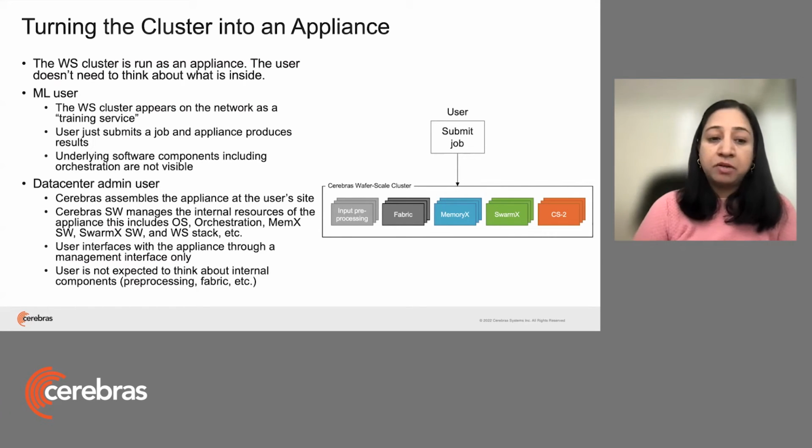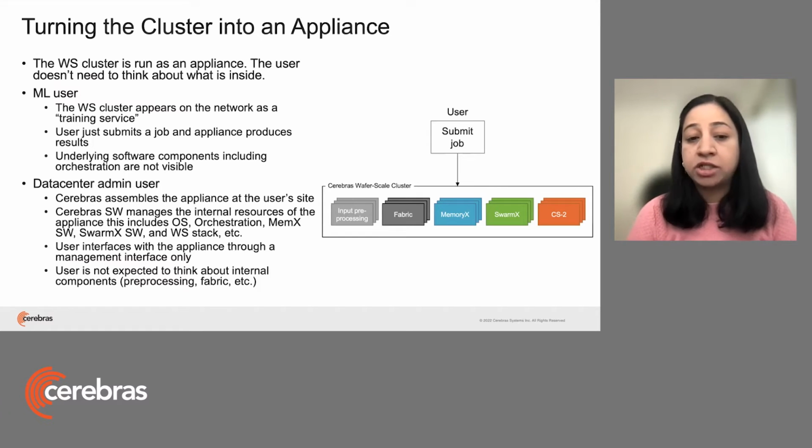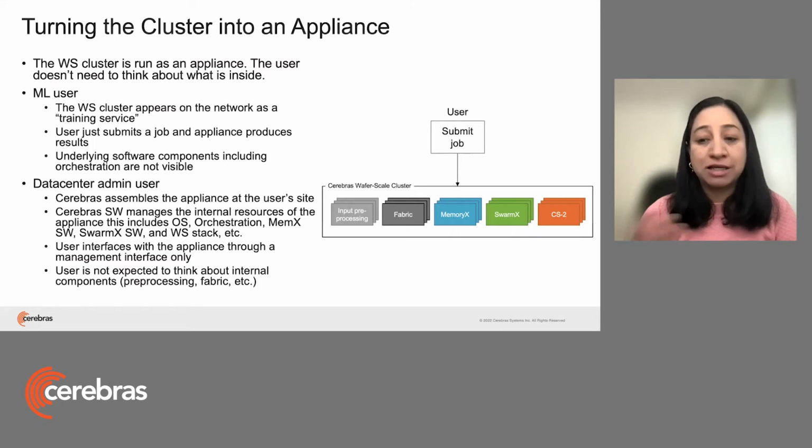From a data center admin's point of view, Cerebras assembles all of this as an appliance on the user side. Cerebras software will manage all the internal resources of this appliance. This includes operating systems on both the user node and the cluster, the orchestration pieces, like I was highlighting earlier, the MemoryX software, the SwarmX software, all that broadcast and reduce that I was talking about, and the entire weight streaming execution stack that will be utilized to make this magic happen.